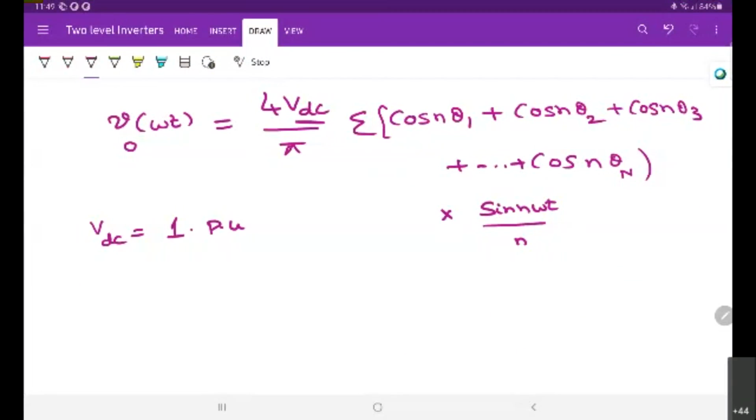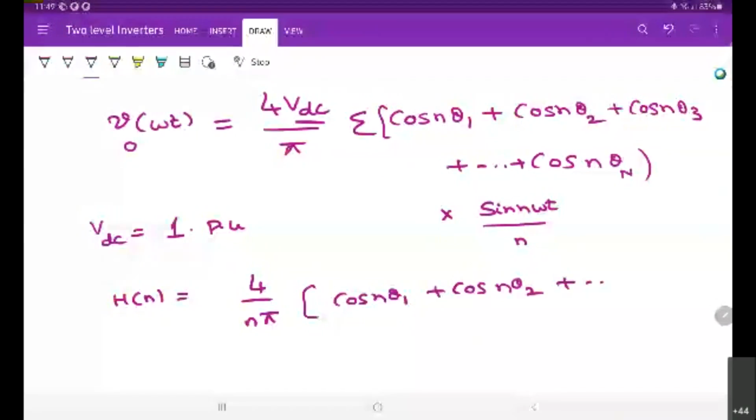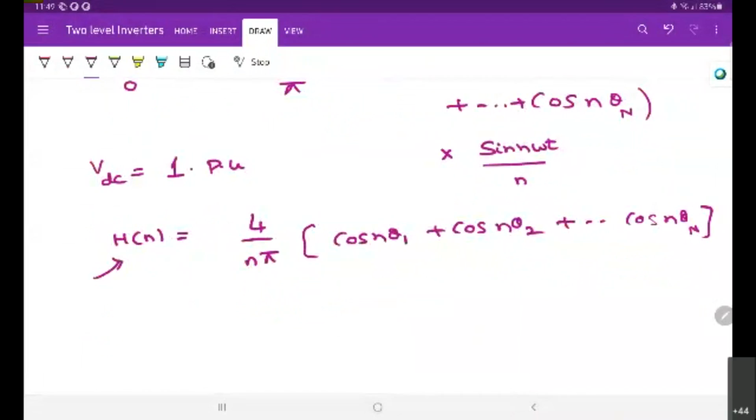So the constants can be written as 4 by n pi into cos n θ1 plus cos n θ2 plus and so on up to cos n θN. This is the coefficient of the nth order harmonic.